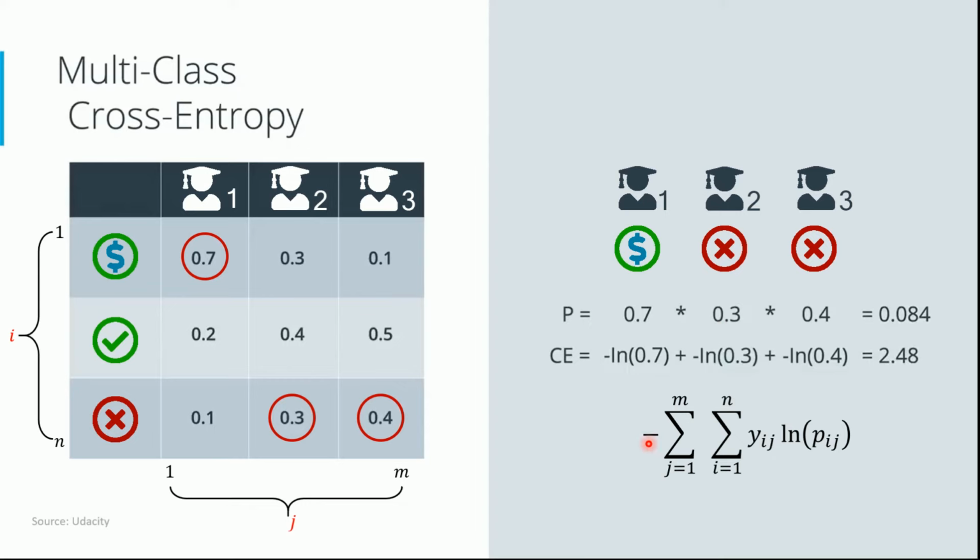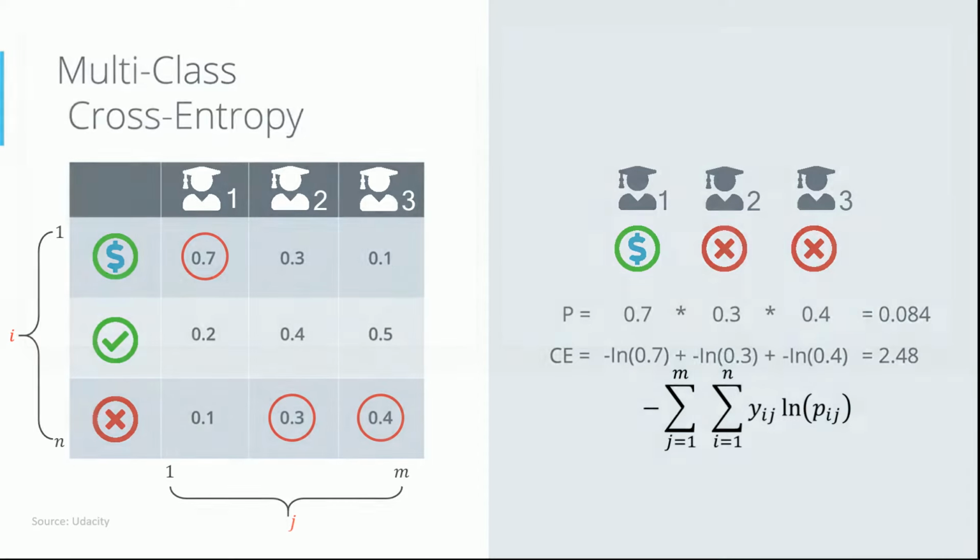So we say for all our data points and for each data point for all its classes, we will multiply the class label by the logarithm of our prediction. And now how do we know which one to take into account and which one to discard? This is what the one-hot encoding does, and we will see it in a second.